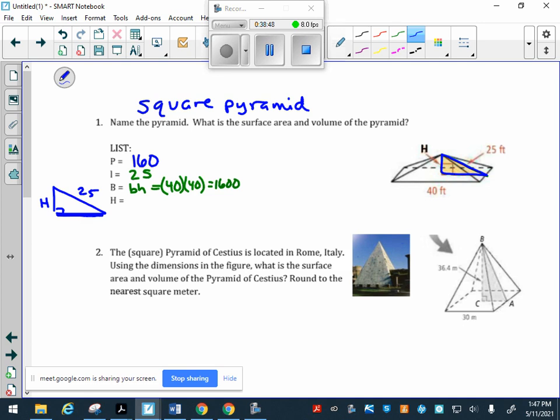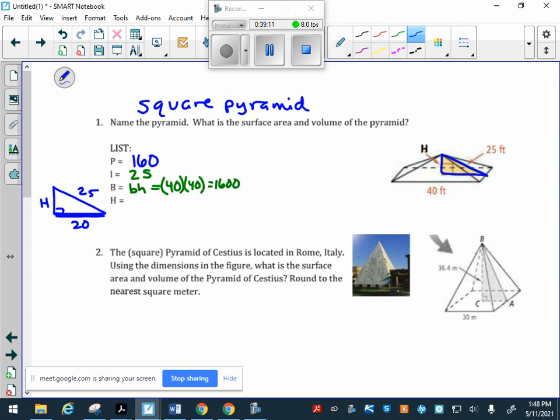What's this piece? 20, good. Because if the whole side across the square is 40, the distance from the center is just going to be 20.